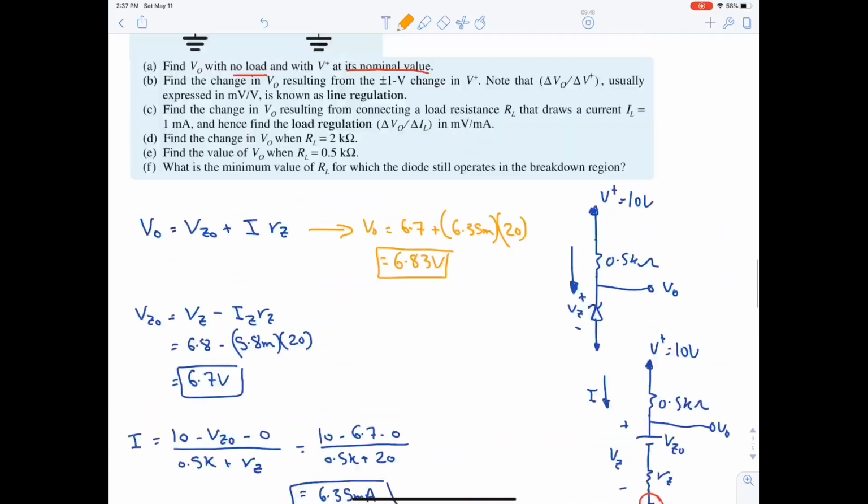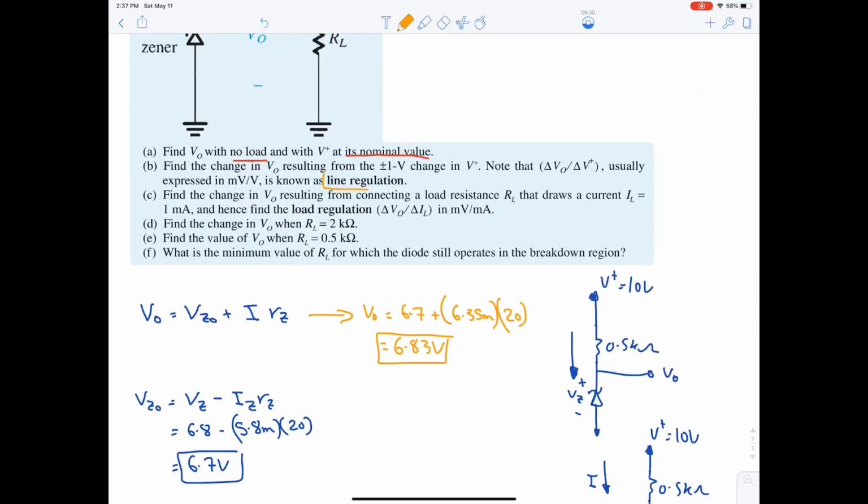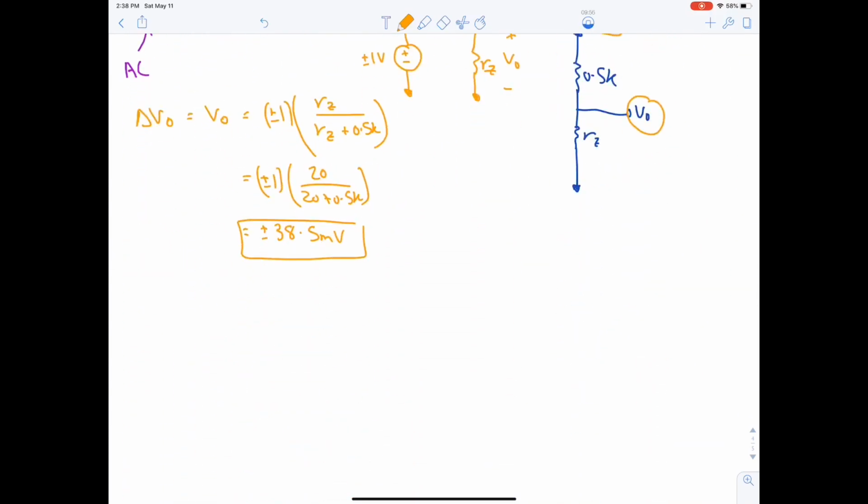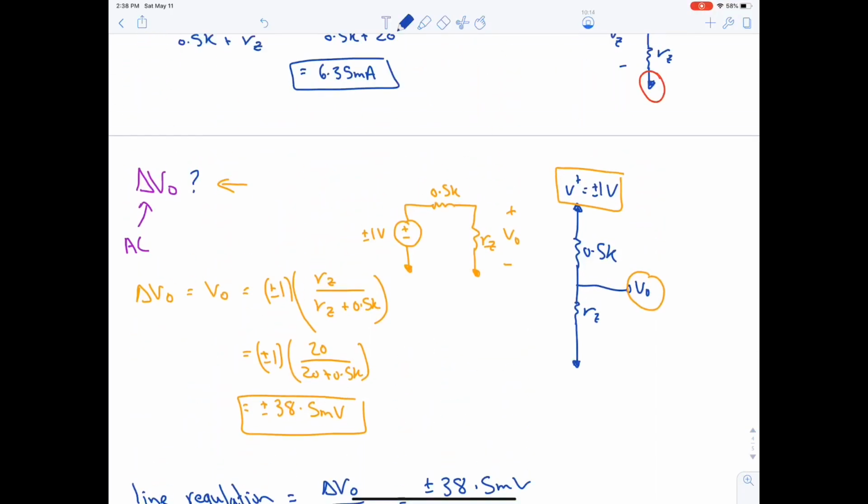If you want to find the line regulation, we need to divide the delta V naught by delta V plus. So line regulation is equal to delta V naught divided by delta V plus. Delta V naught we just computed as 38.5 millivolt, and delta V plus is this, right?